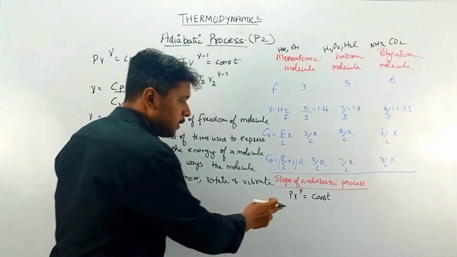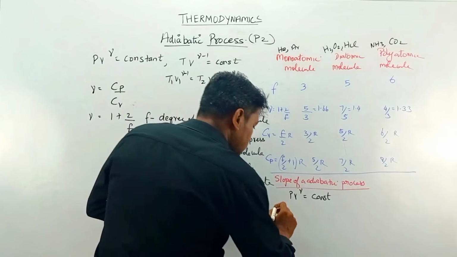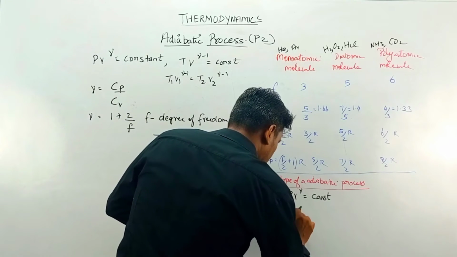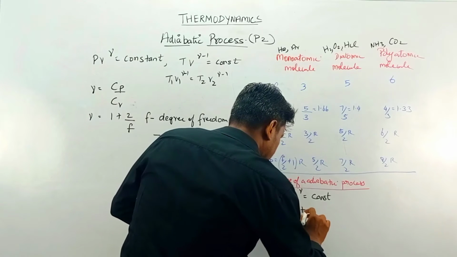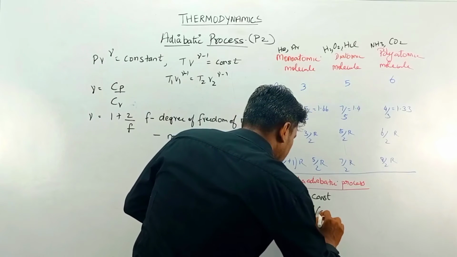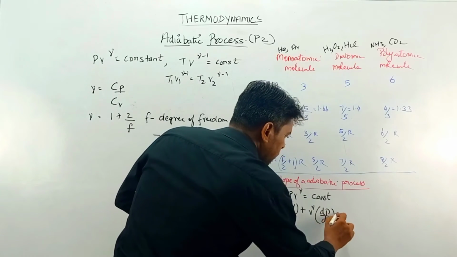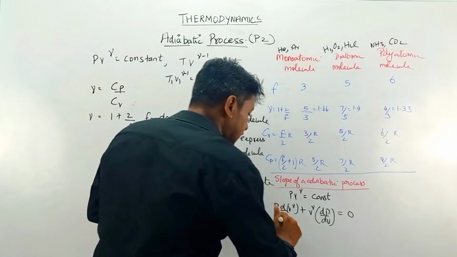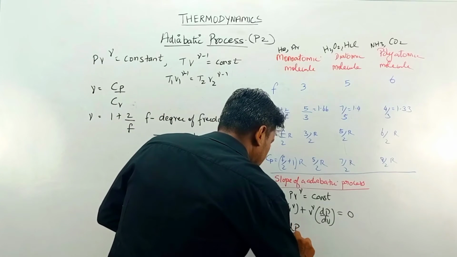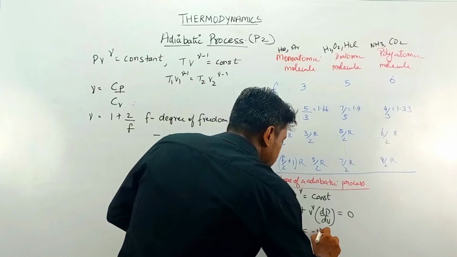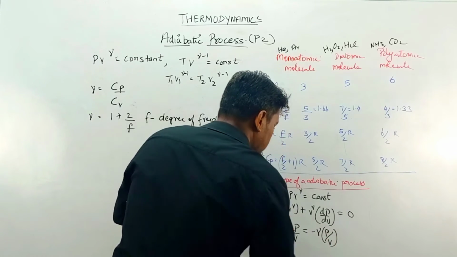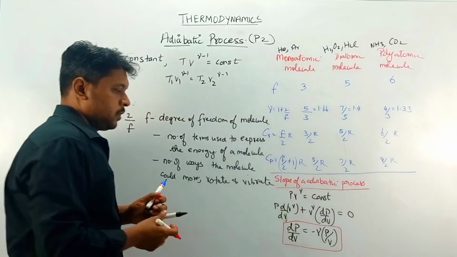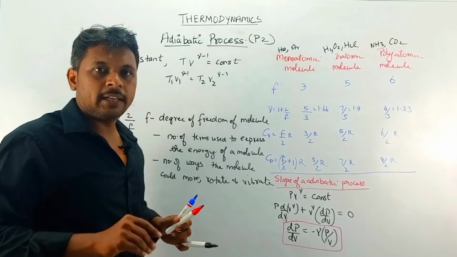When you differentiate this equation with respect to V, it is written as P d by dV of V^gamma plus V^gamma dP by dV, which is equal to 0. When you do the calculation for this equation, we get the end result, that is dP by dV is equal to minus gamma P by V. So this is the equation of slope for adiabatic process.